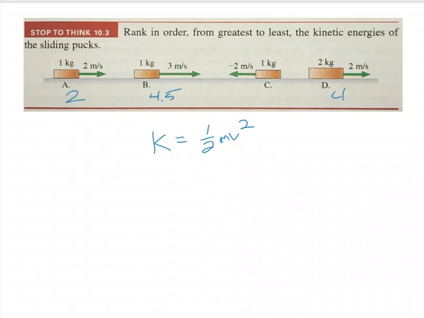And the other one's going to be negative 2, but the velocity is squared, so it'll be 2 again. So B is greater than D is greater than C is equal to A. A and C are the same, so it doesn't matter how I write those. Good. Use the equation.